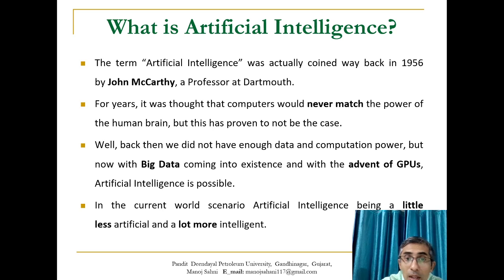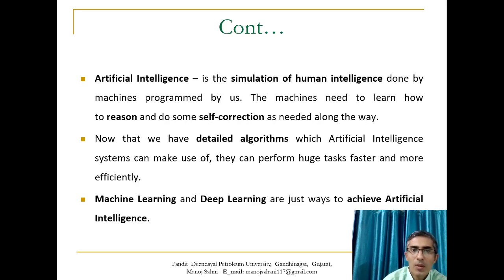The term artificial intelligence was coined way back in 1956 by John McCarthy, a professor at Dartmouth. If I need to define it in very simple language, artificial intelligence is the simulation of human intelligence, and this simulation is done by machines. Who programs that machine?